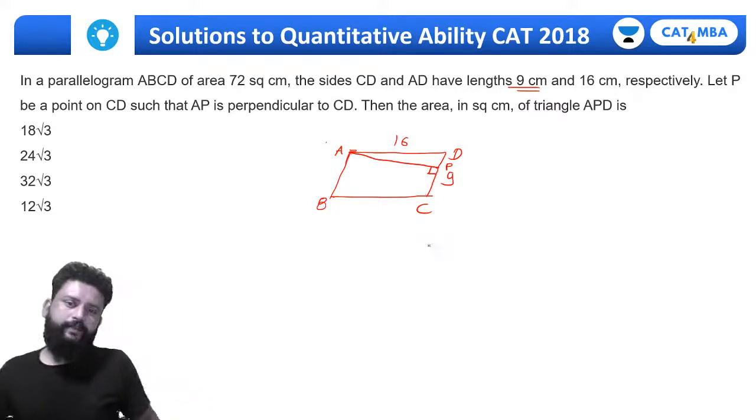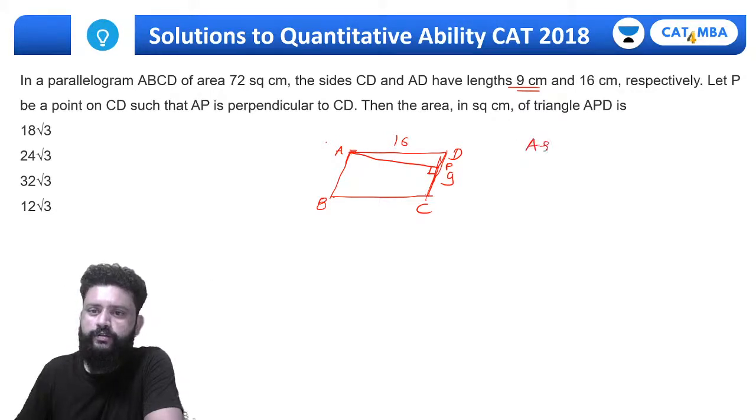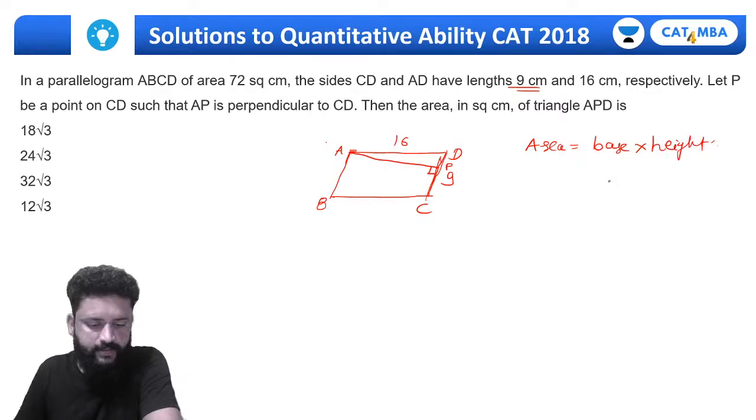So the area of this parallelogram will be base into height. We take CD as the base and AP as the height. Area of a parallelogram is base, any parallel side can be taken as base, times the perpendicular distance between those two parallel lines.